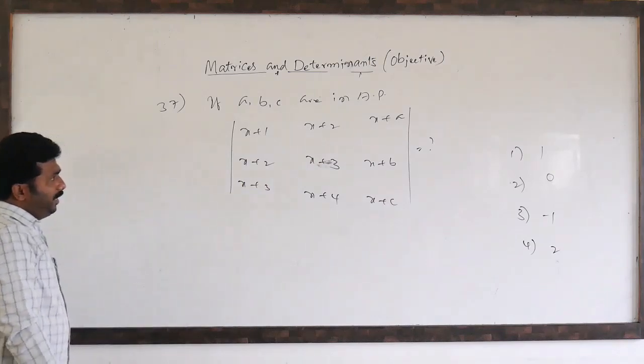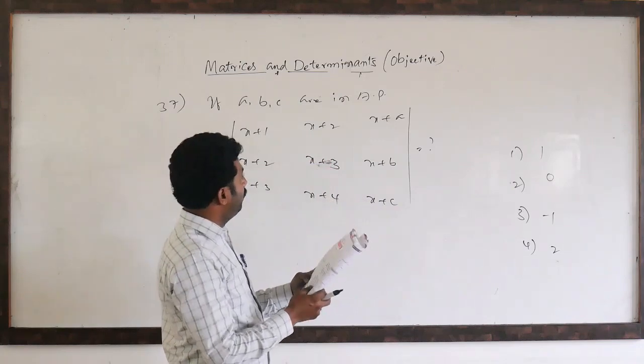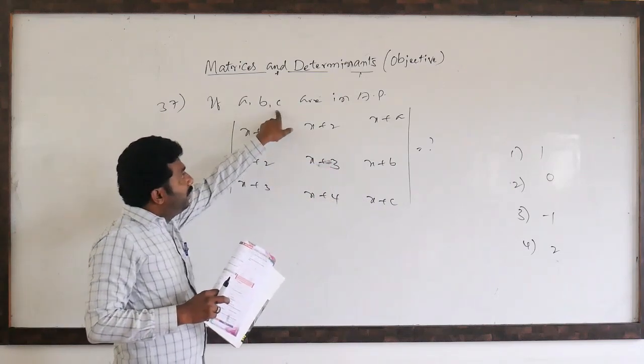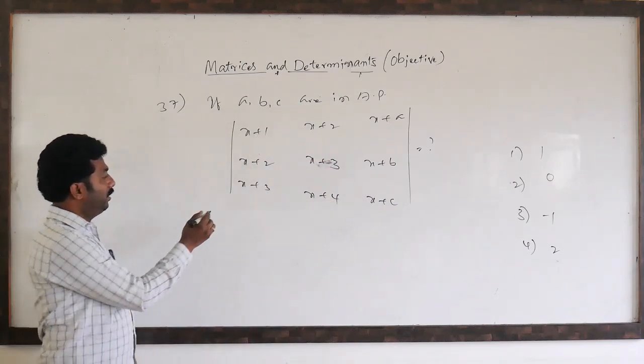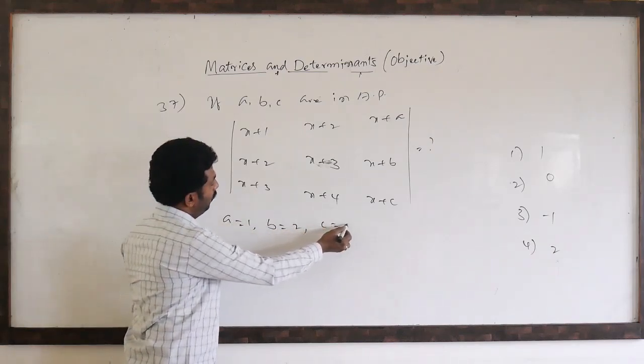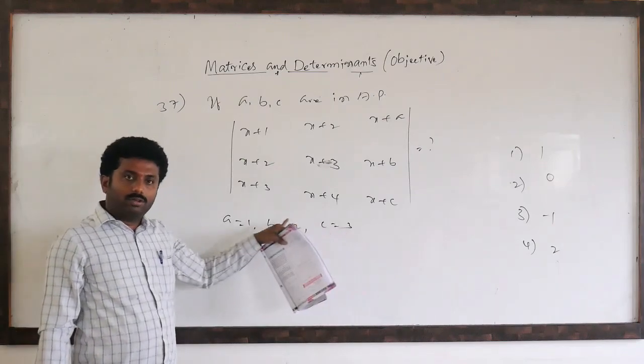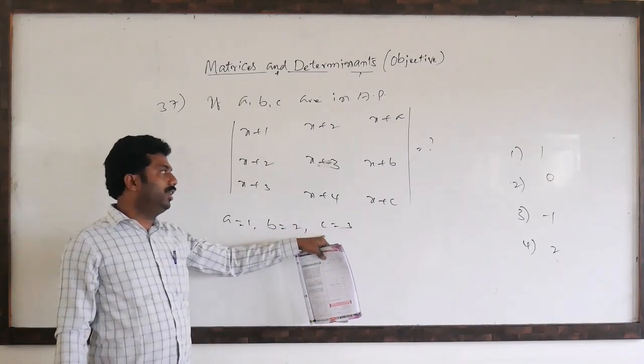Actually, listen here, we can expand this determinant. A, B, C are in AP means, just take A equal to 1, B equal to 2, C equal to 3. 1, 2, 3 are in AP, so clearly A, B, C are also in AP.